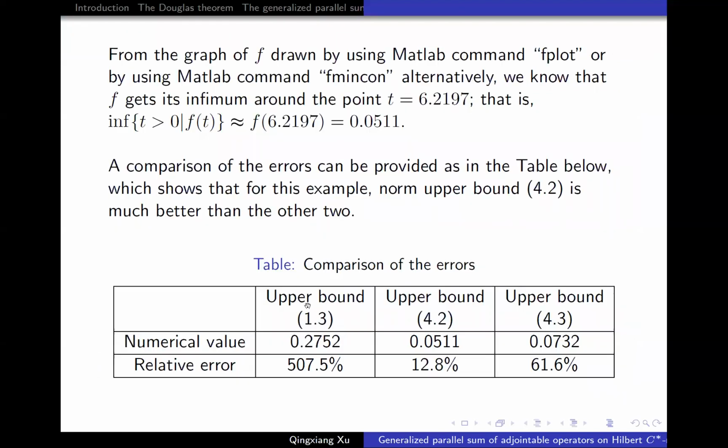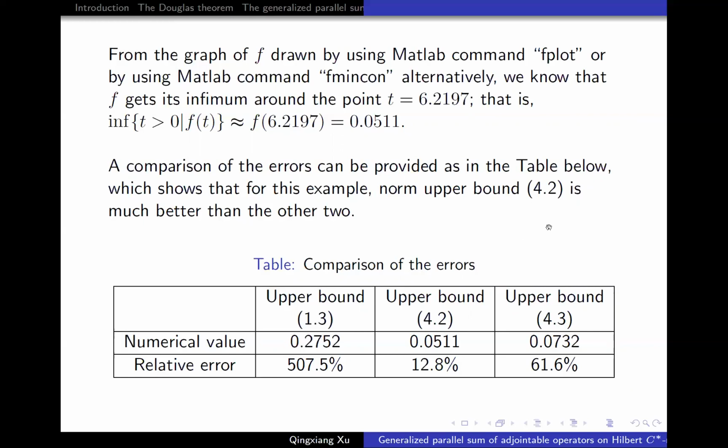One is obtained by Anderson and Duffin, which I have already mentioned, almost half a century ago in 1969. And this is a bound with the parameters alpha and beta. And this has no parameters, that is, alpha and beta both equal to 1. You can see that the relative error of this one is much bigger than this one. So the second one with parameters alpha and beta is much better than the other two.